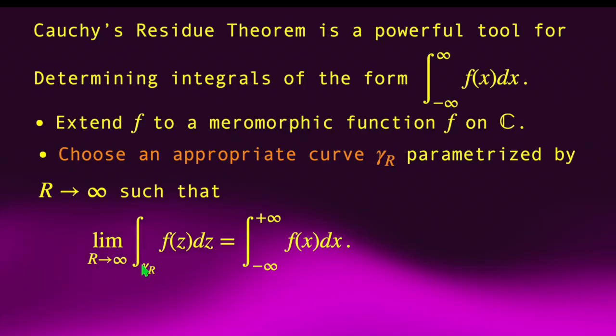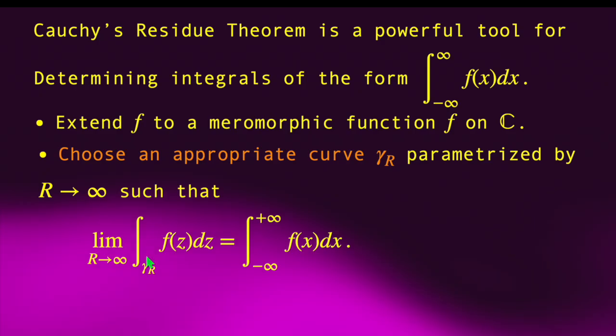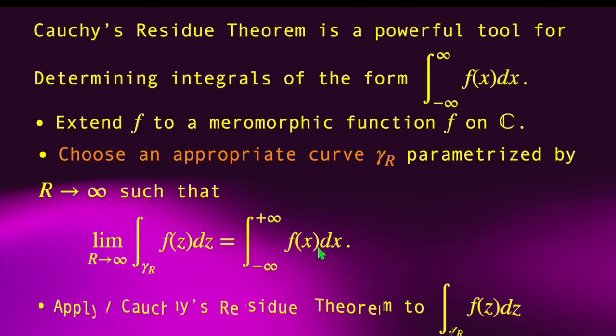Now, by using the Cauchy residue theorem, this quantity is equal to 2 pi i times the sum of the residues. So we get here the constant equal to this integral, and we get what we need.